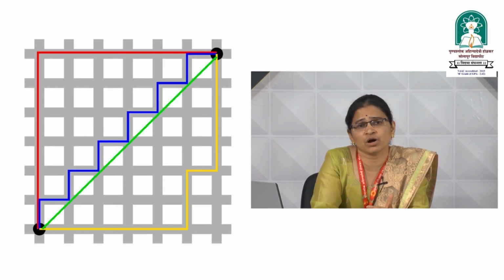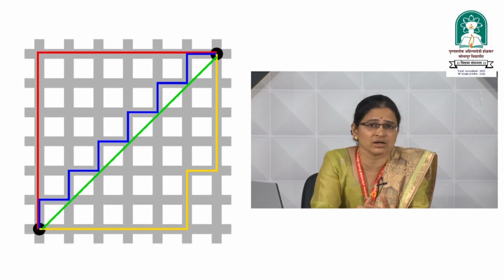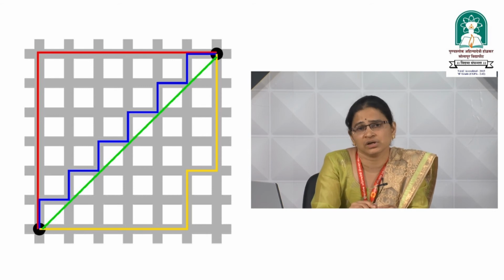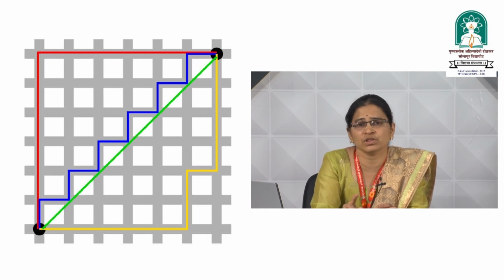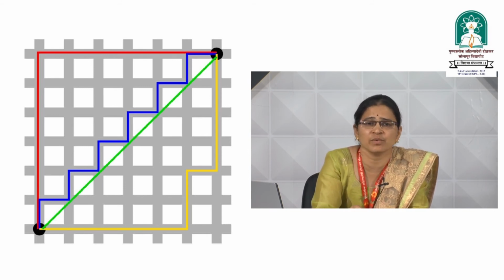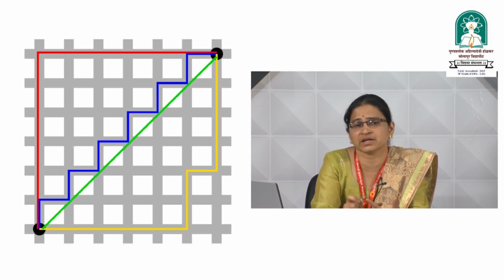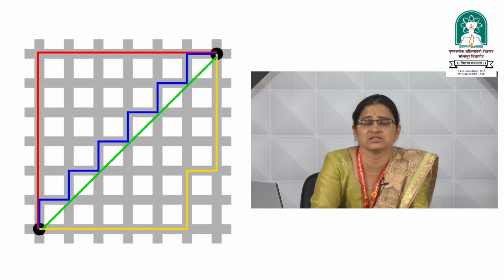If we want to form a circle in this taxi cab metric, what is a circle? A circle is the locus of all the points at a fixed distance from a fixed point, correct? The fixed distance we write as the radius, and the fixed point we write as the center.